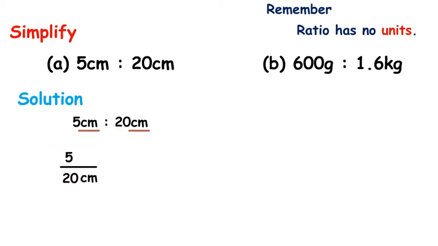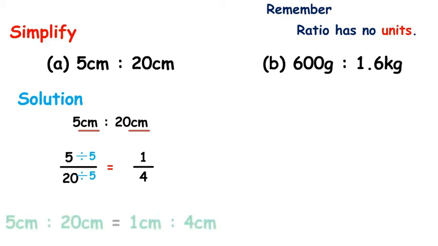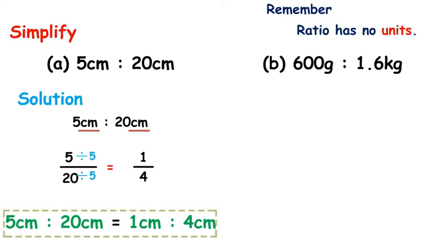So, we can get rid of centimeter. Now, 5 over 20. We can simplify it by dividing by 5. Our simplified answer is 1 is to 4. 5 centimeters is to 20 centimeters is equal to 1 centimeter is to 4 centimeters.